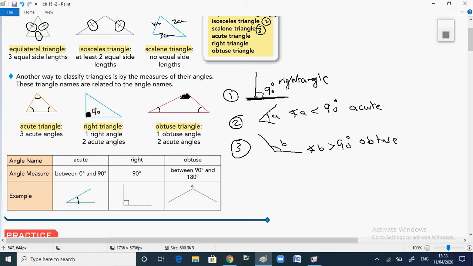If we have more than 90 but less than 180, why less than 180? Because the measure of a straight line is 180 degrees, so the obtuse angle must be less than 180 and greater than 90. This is called a straight angle.